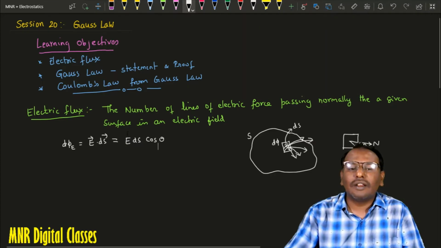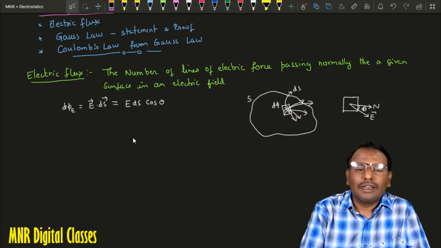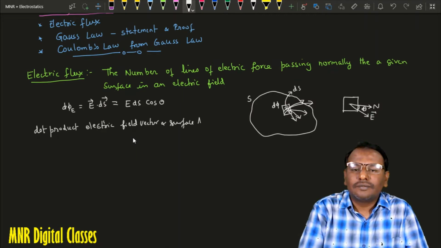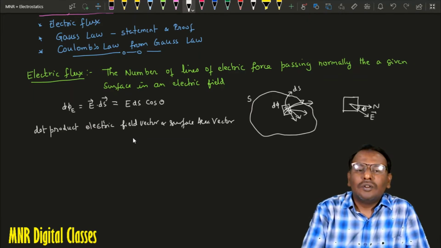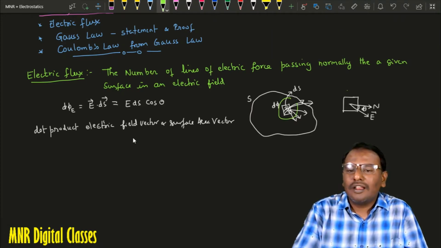So the mathematical definition of electric flux is the dot product of electric field vector and surface area vector. So this is the flux through this small surface having surface area ds.